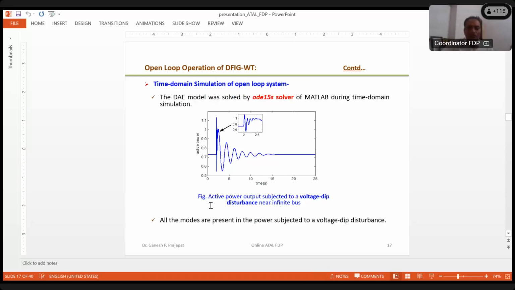So this actually gives the characteristics of our generator. All the modes are present in the power subjected to the voltage dip disturbance. So what exactly it does is verify, or validate, the eigenvalues from the eigenvalue analysis which you have done earlier, through this time domain simulation.